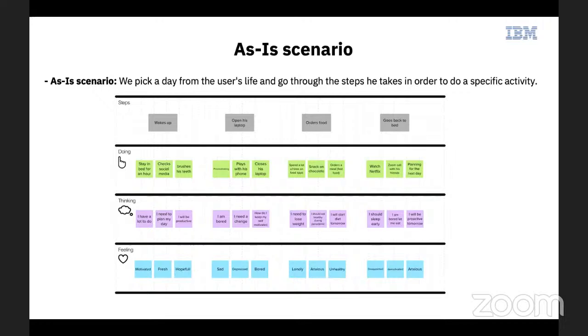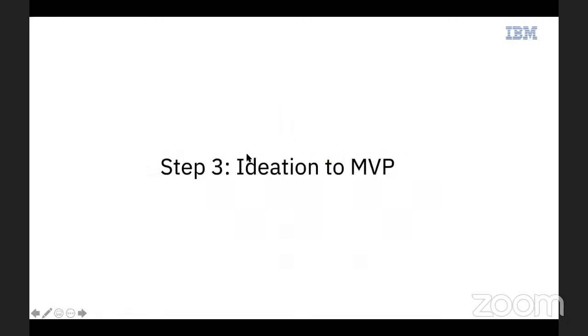Amazing. So moving to the third step, after we figure out what Yasser needs, we move to the third part, which is the ideation. Now, before we come up with the MVP, we need to do some ideation.